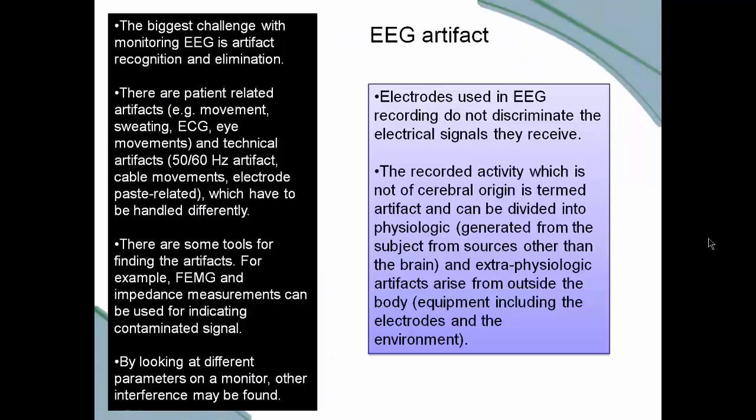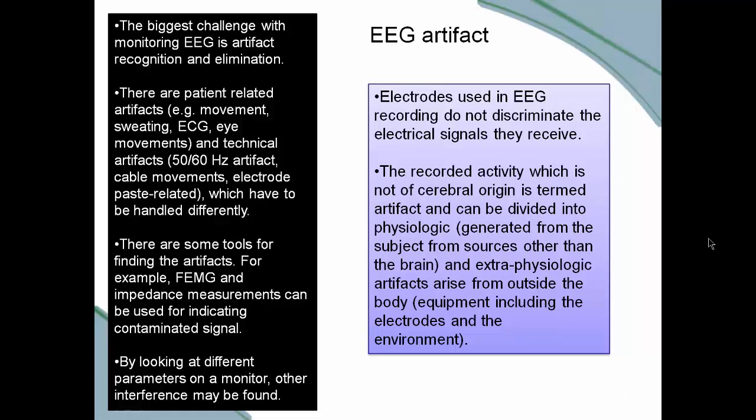The other issue with EEG technology is what's called the EEG artifact. It is one of the biggest challenges with monitoring EEG, and that is the artifact, being able to recognize it and being able to eliminate it. One of the major problems with EEG research is EEG artifact.